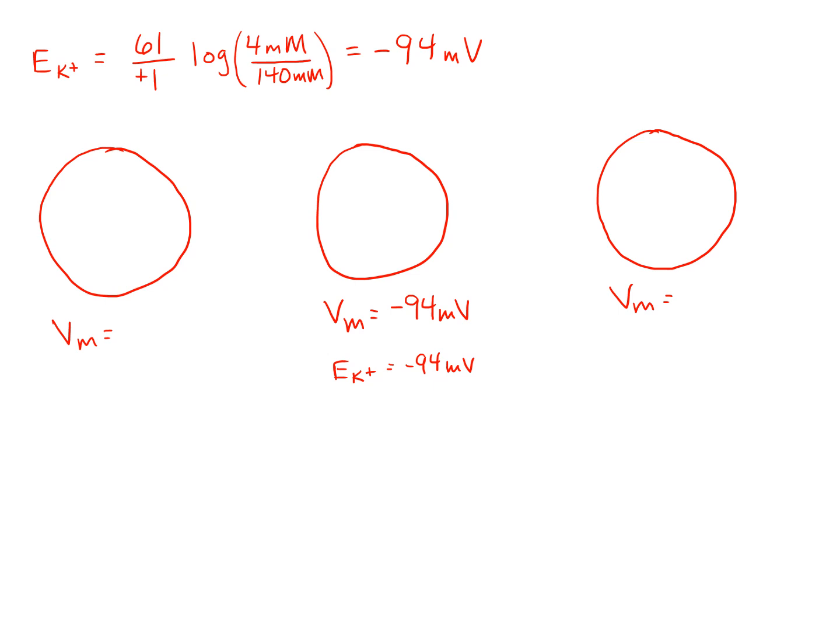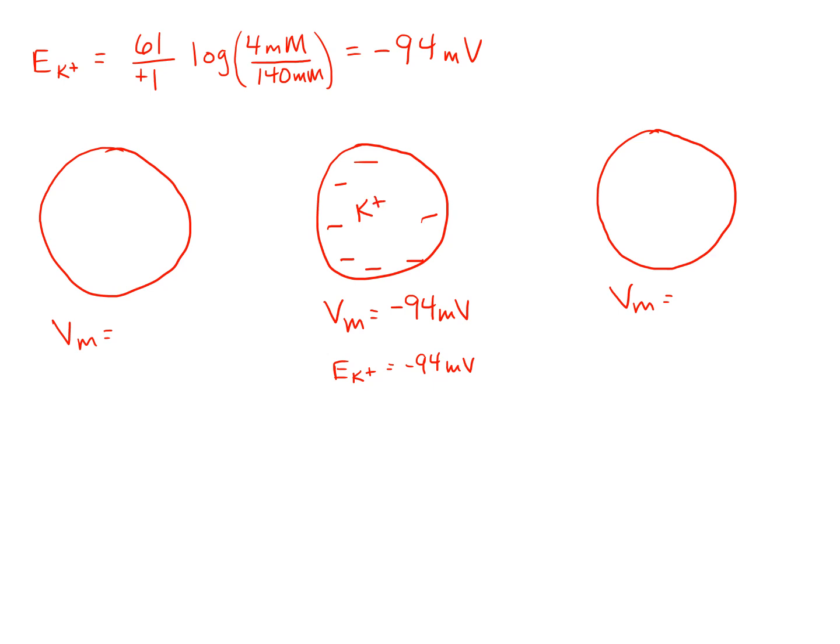So if we were to set the membrane potential at minus 94 millivolts, which is the same as the equilibrium potential for potassium. Okay, so the membrane potential, we would draw negative signs in here, indicating that our membrane potential is negative.